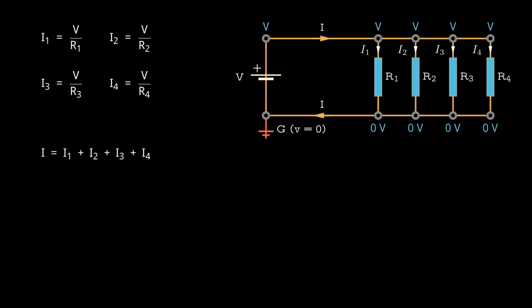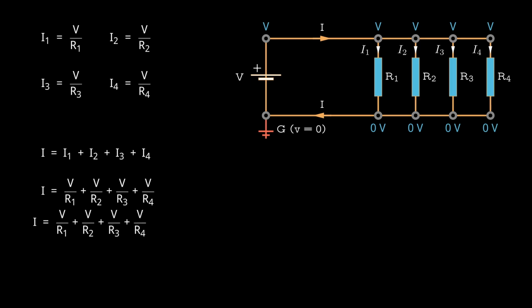In other words, the total current I is the sum of the individual currents through each resistor in the parallel network. We can substitute the corresponding expressions for the currents through each resistor into the equation, which gives us an expression for the total current I, in terms of the voltage V, and the resistances R1, R2, R3 and R4.